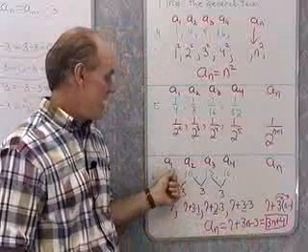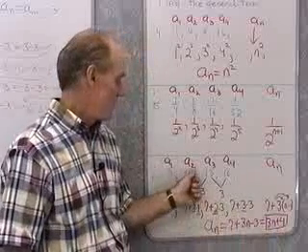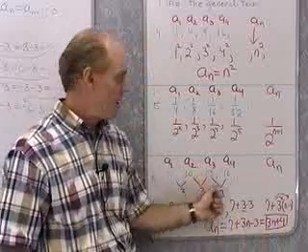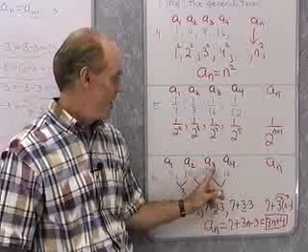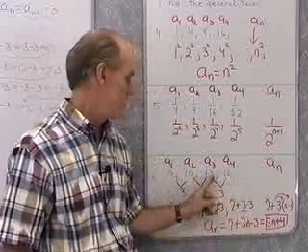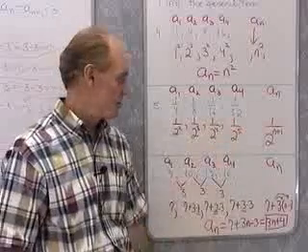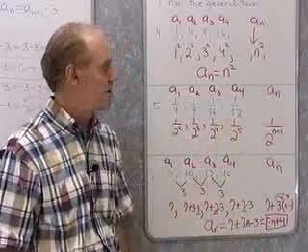When n is 1, a sub 1 will be 3 times 1 plus 4, that's 7. When n is 2, I'll have 3 times 2 is 6, plus 4 is 10, that's right. And when n is 3, I'll have 3 times 3 is 9, plus 4 is 13, and then I'll get 16. So sure enough, this is the formula for the nth term of that sequence.